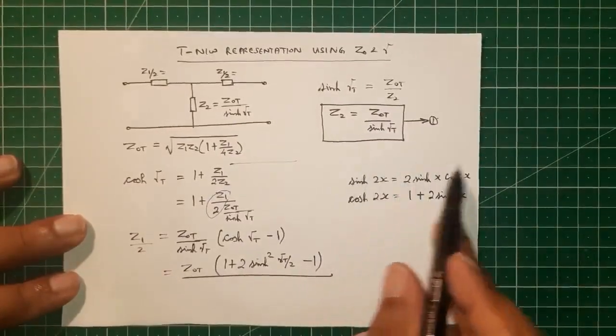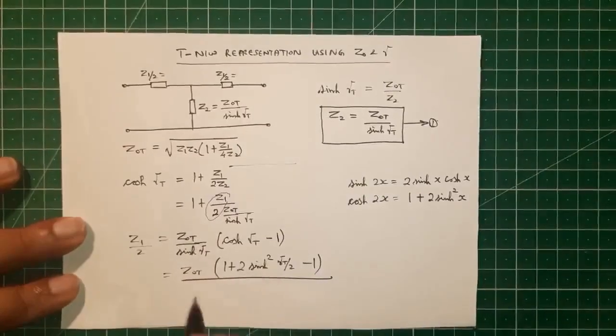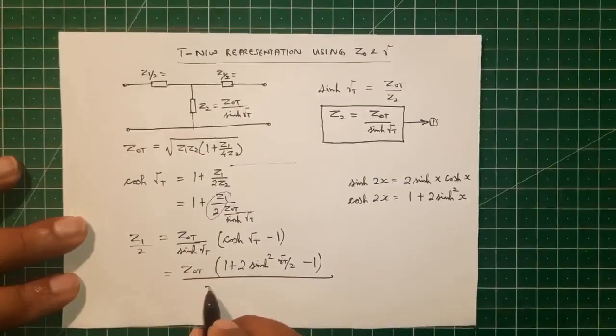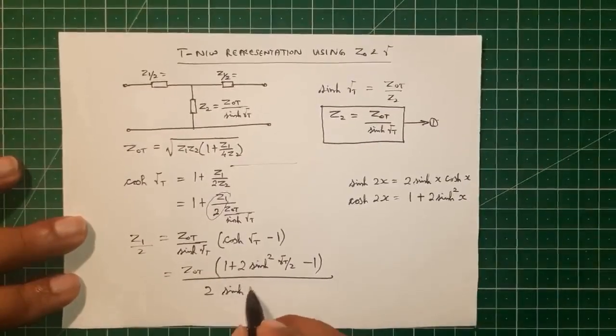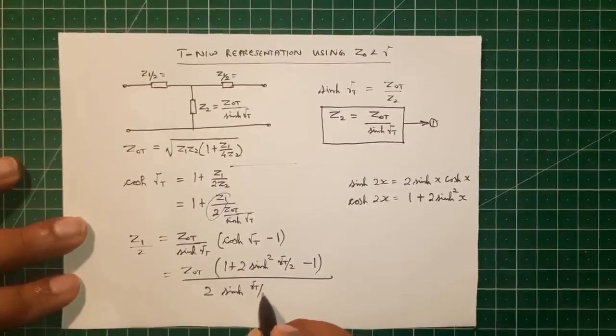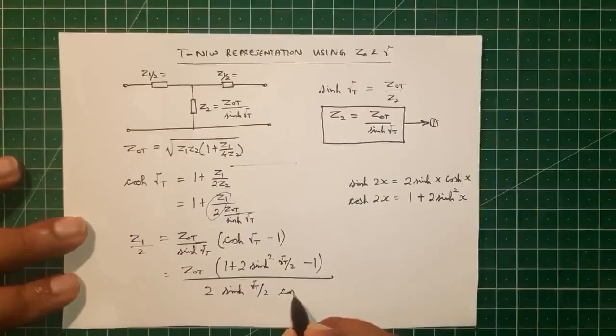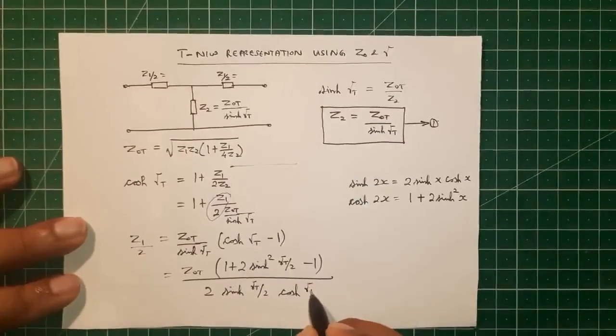And we will apply the first relationship in the denominator, so sinh gamma l will be replaced by 2 sinh gamma l by 2 cosh gamma l by 2.